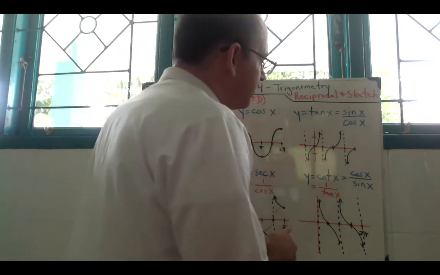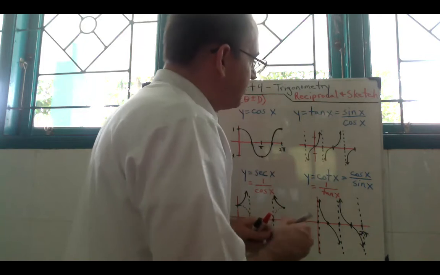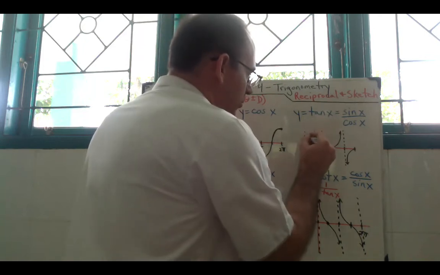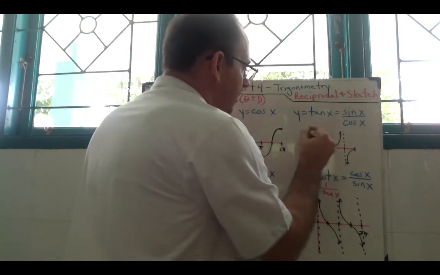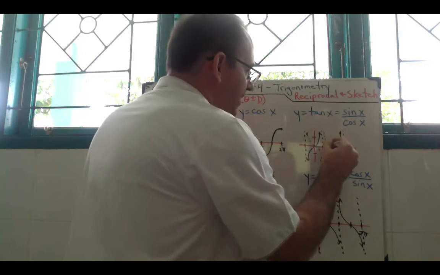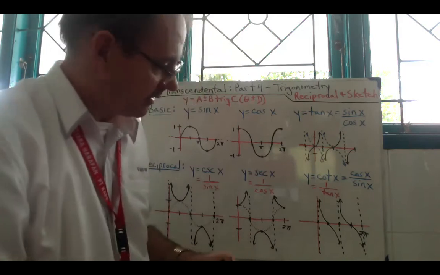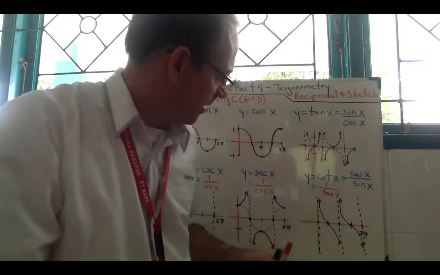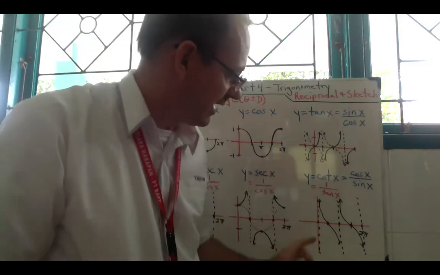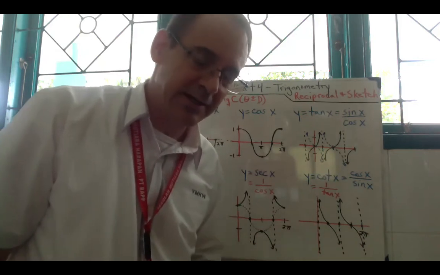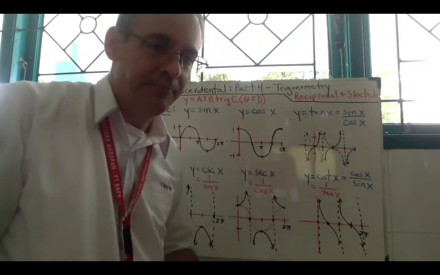Because your negative tangent would go like this, and that looks the same as cotangent, but you can see that the asymptotes are located in a different place.